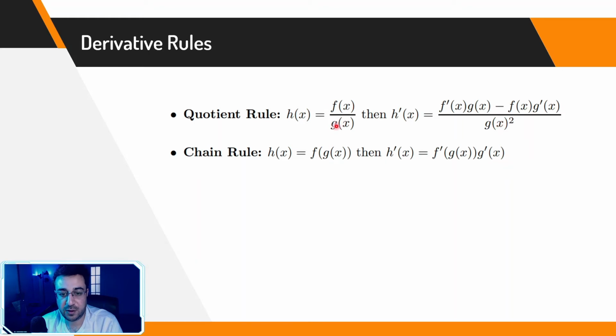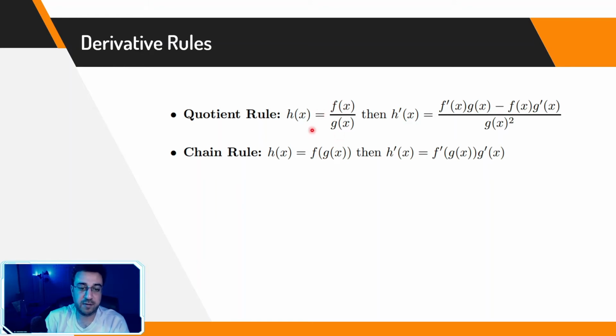So you have f of x over g of x. So you take the derivative of f of x multiplied by g of x as it is, minus, that's all in the numerator over here, minus the prime of g of x multiplied by f of x as it is, over g of x as it is squared.